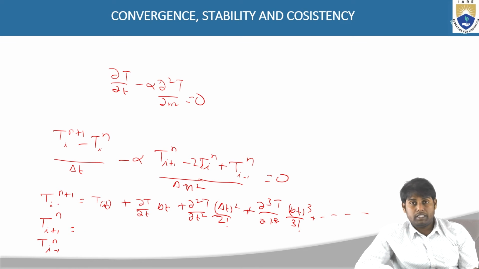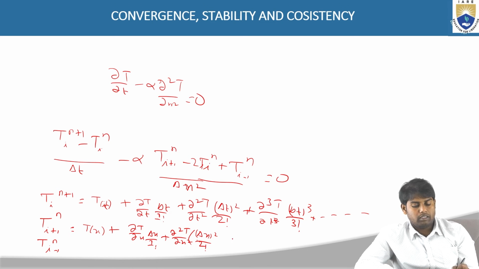Since it is in terms of time, we have the time term. So again what we have, this is T of x, because we have taken i as x, plus ∂T/∂x into Δx by 1 factorial, plus ∂²T/∂x² into Δx² divided by 2 factorial, plus so on, let's say.